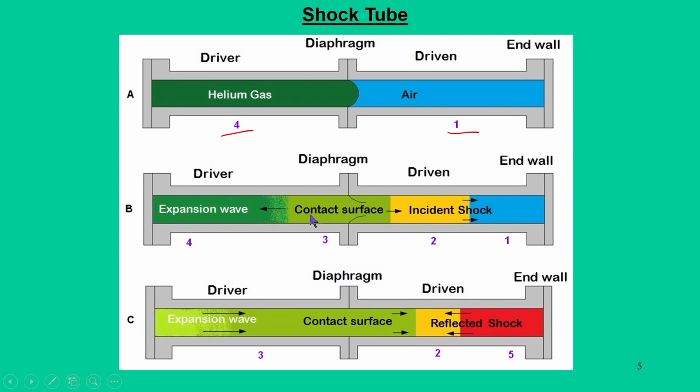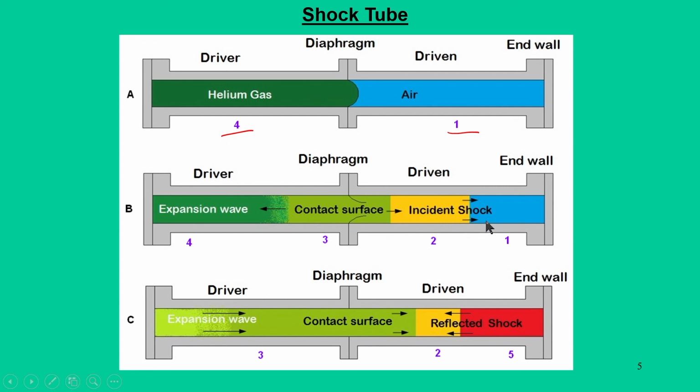But what happens is that when you have a primary shock and this gas, side by side we have the driver gas, which was helium. Between the driver gas and driven gas, you can imagine that there is a partition, and that particular partition we call a contact surface. Here you can see this particular thing which just demarcates this color as a contact surface.